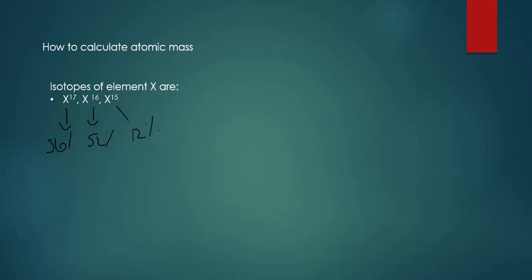Well, just looking at this, and you always should predict before you go ahead and do the math, most of my element X has a mass of 16, so my answer should be closest to 16.